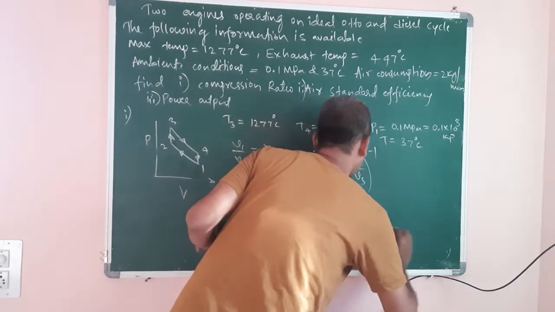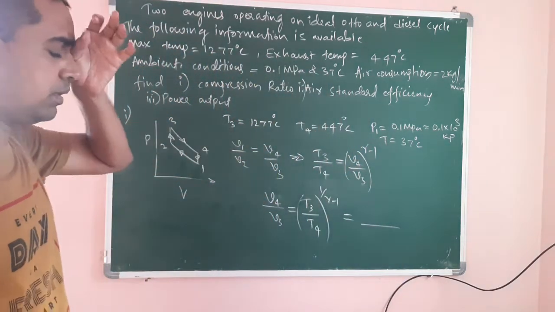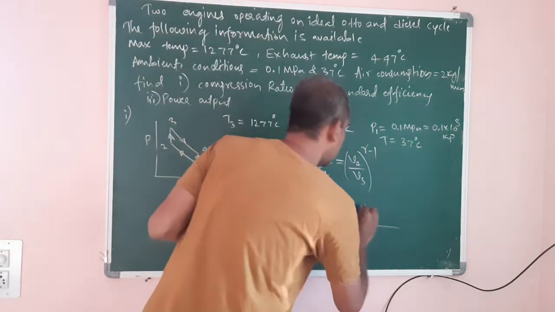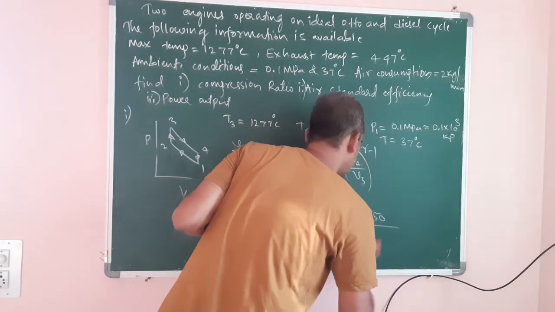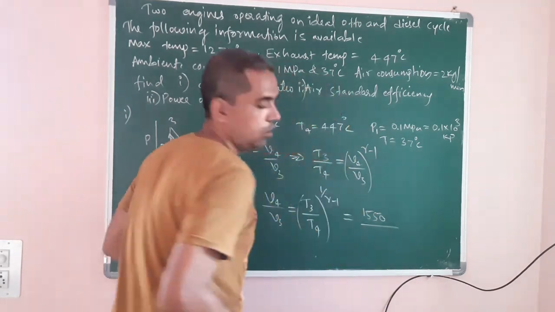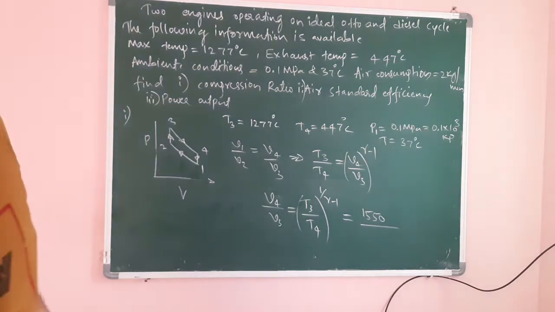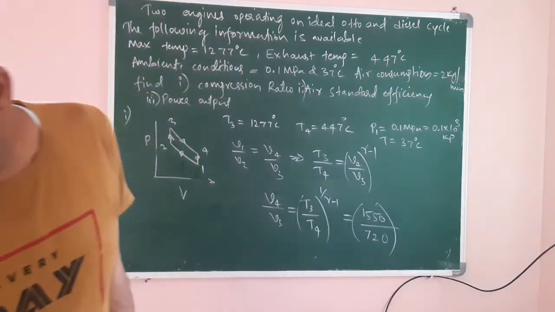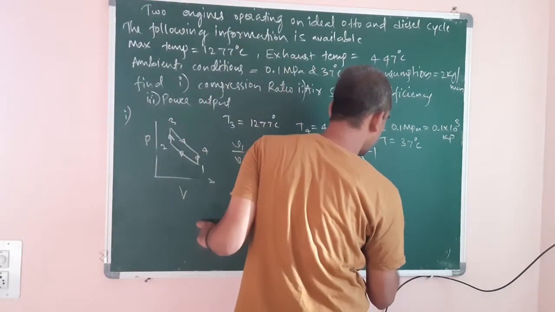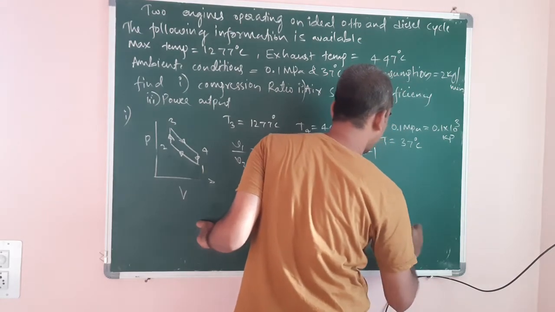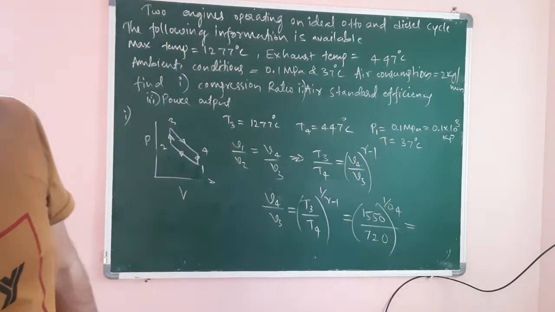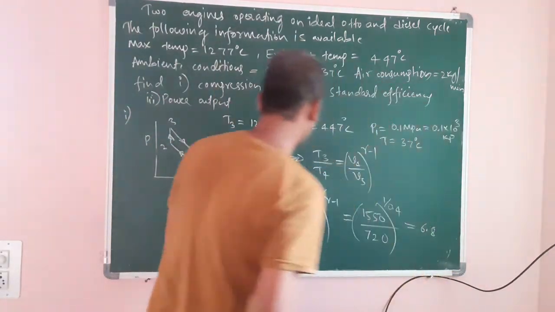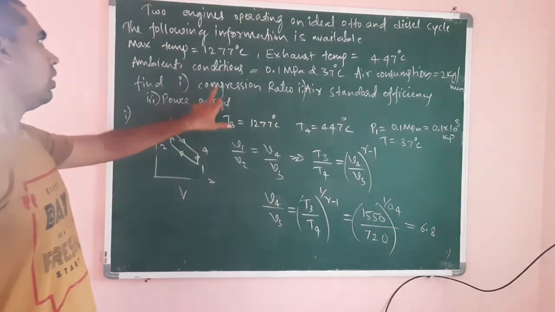In terms of Kelvin, not degree Celsius, T3 equals 1550 and T4 equals 720, raised to 1 divided by 0.4. If you calculate this, you will get P4 by P3 as 6.8. This is the compression ratio for the Otto cycle first.